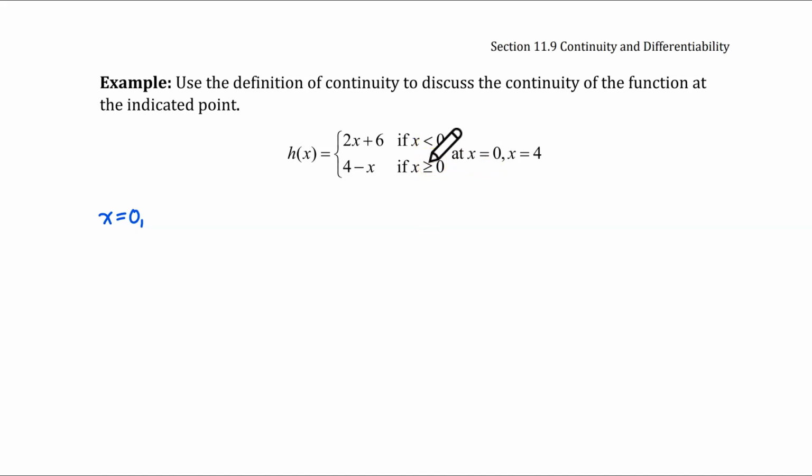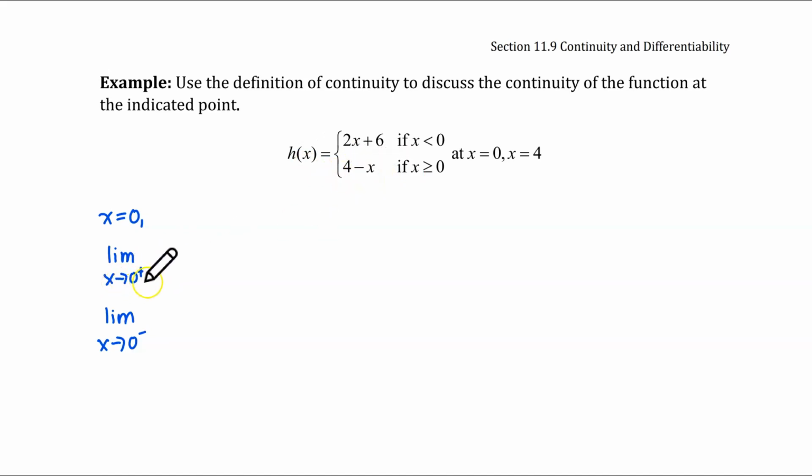So we do that by first examining whether the limit as x approaches 0 exists. And since this is a split function, or a piecewise function, let's go ahead and find the right-hand limit and the left-hand limit of the function. Now, at the right side of 0, your function is defined as 4 minus x.